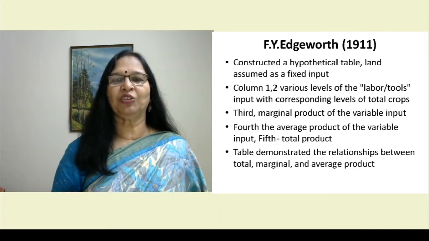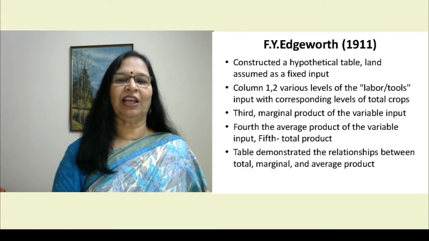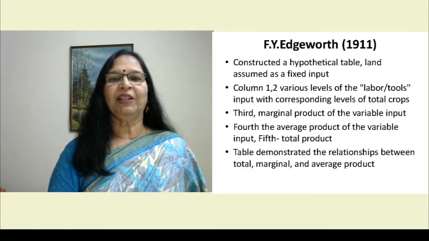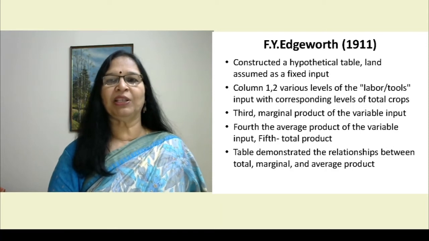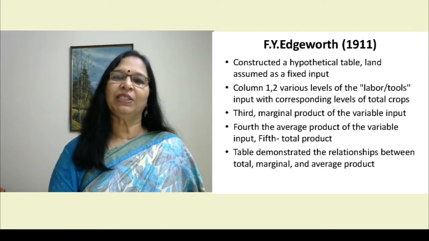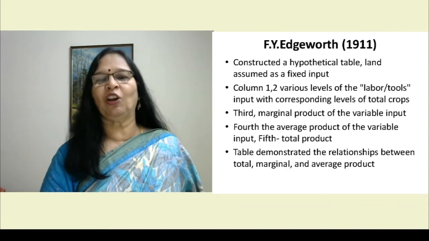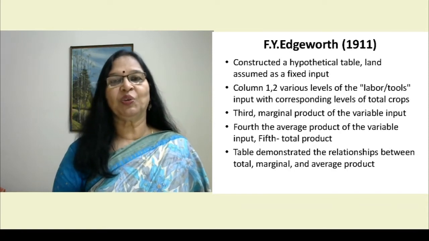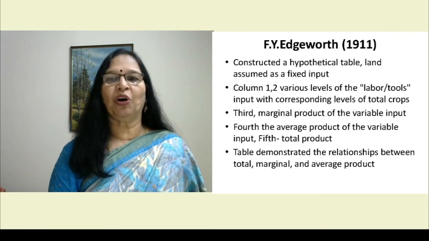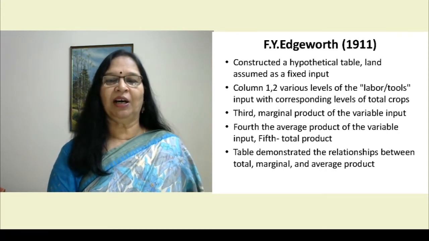So the total labor and tools that are used, and what is the total crops that can come with it. Third one, he used the idea of marginal product of the variable input, which is the same thing we just saw in the law of diminishing marginal return. So this idea was used, and it was used later by Edgeworth to call what was called the marginal product.